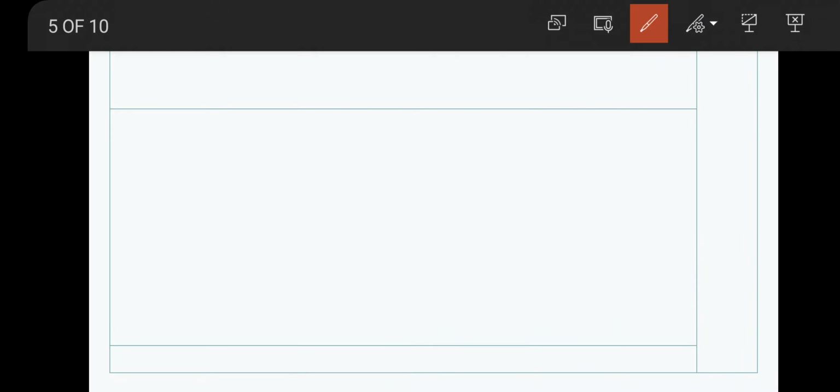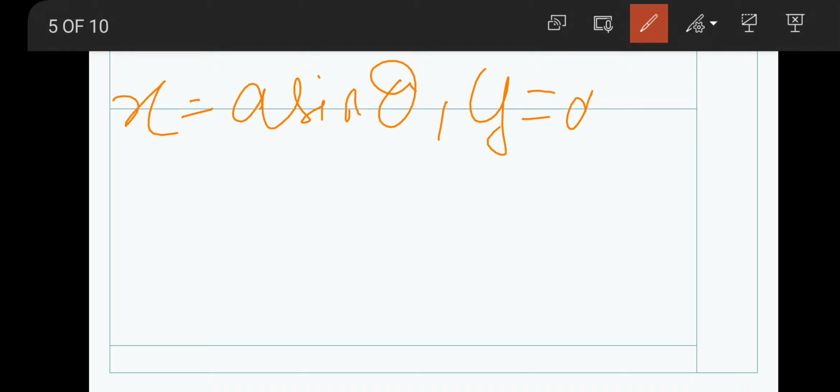let's eliminate theta from x equals a sin theta and y equals a cos theta. So from this, let's eliminate theta. To eliminate theta in these two equations, what you have to do is square both sides.